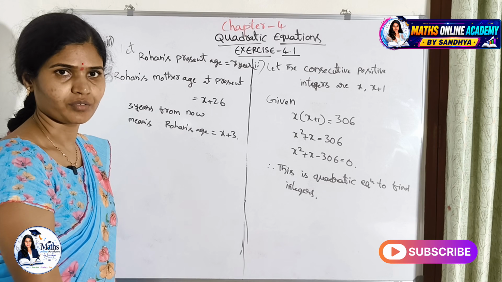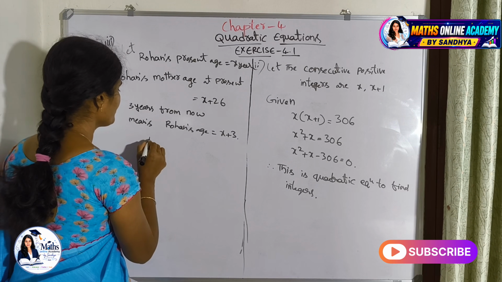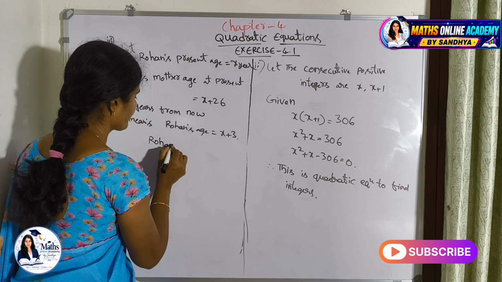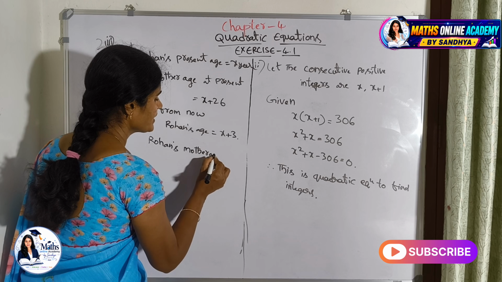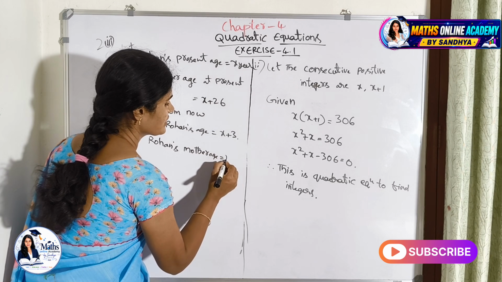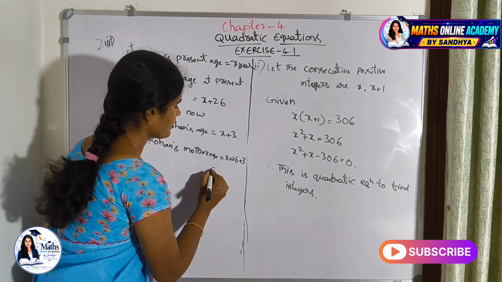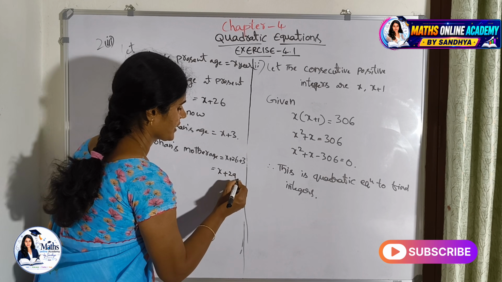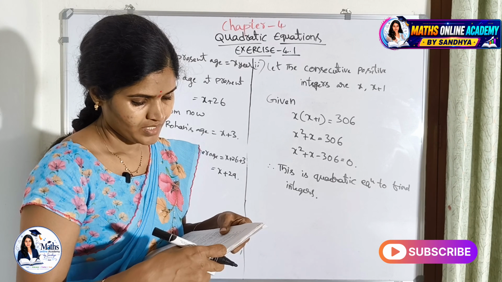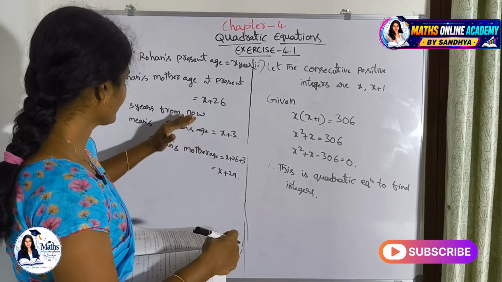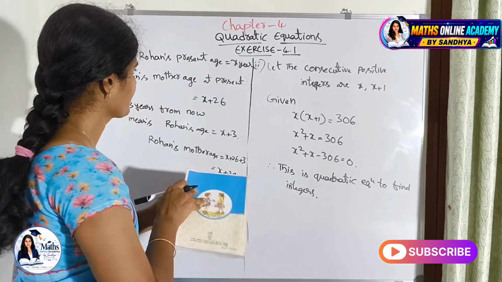Present age is x, 3 years from now means x plus 3. Rohan's mother's age is x plus 26 plus 3, from now 3 years, so equal to x plus 29. The product of their ages after 3 years is 360.